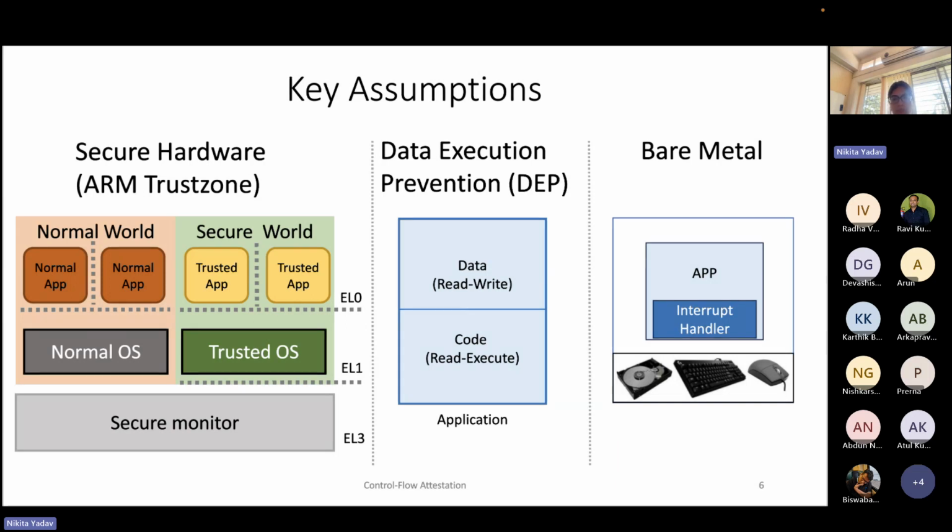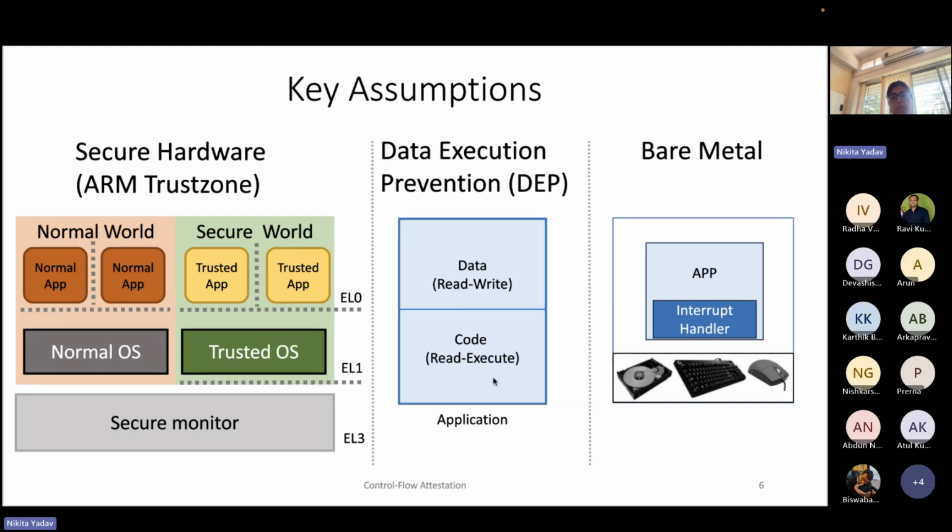Then the second assumption is the presence of data execution prevention, which is nowadays present on almost all hardware. It is a hardware feature which provides the guarantee that the pages which are writable are not executable, and the pages which are executable are not writable.